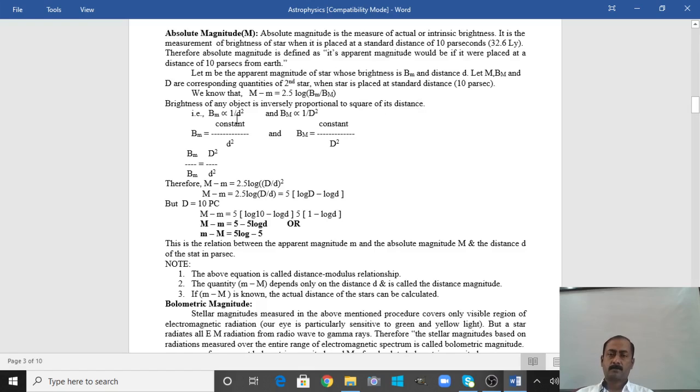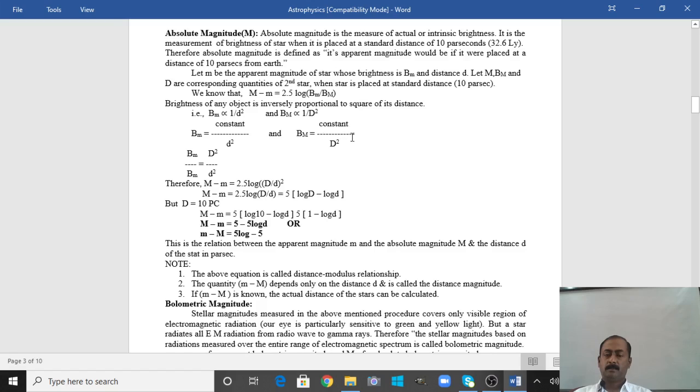Therefore, Bm is proportional to 1 upon d square, so Bm equals constant upon d square. Similarly, capital Bm equals constant upon capital D square.